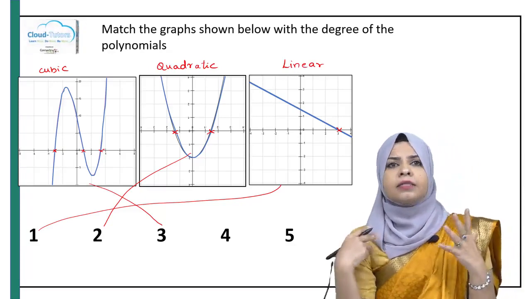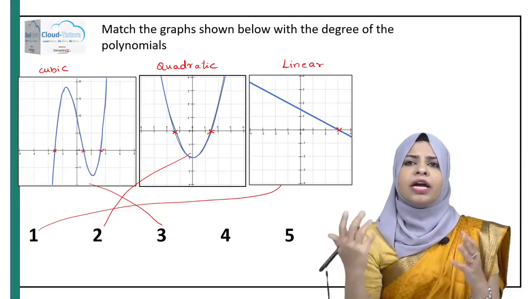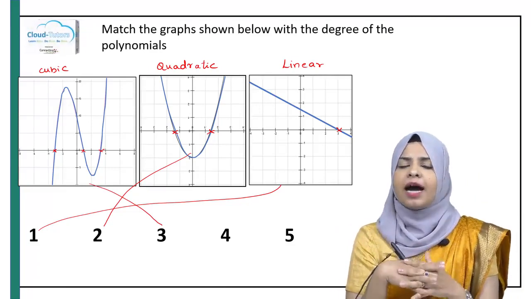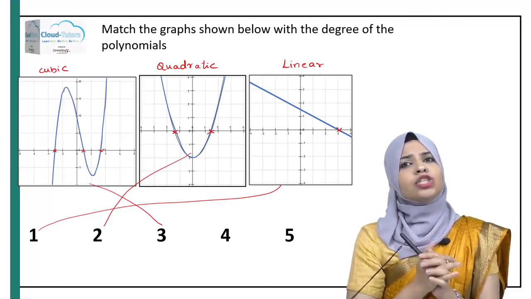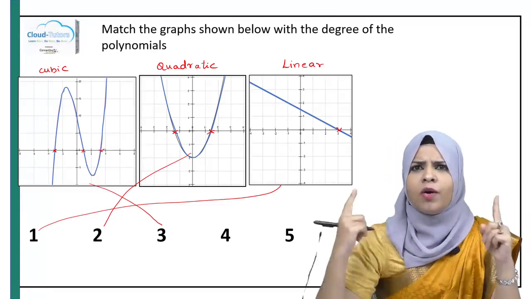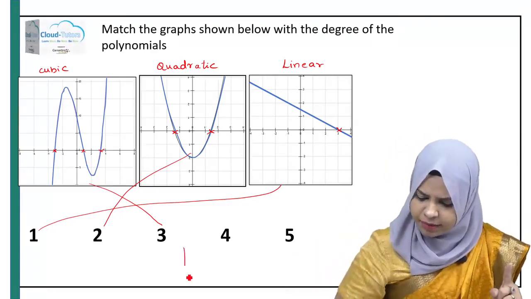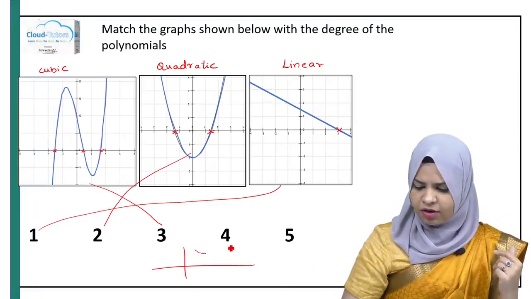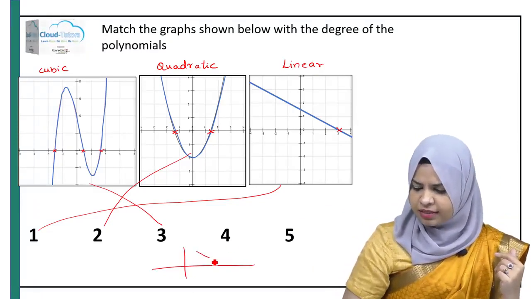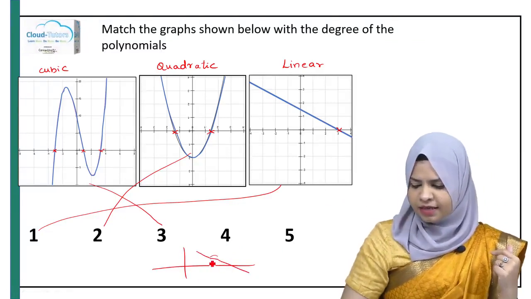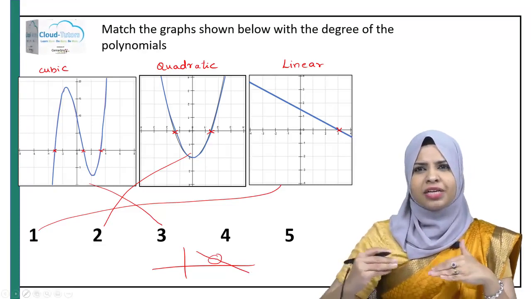When you're plotting these graphs, cubic and quadratic can definitely be done freehand. But when I say linear, the line should be a straight line. You cannot have breaks. What do I mean by a break? For example, I'm plotting a linear polynomial. I cannot have a line which is like this. Here you can see there is a slight shift in the position.